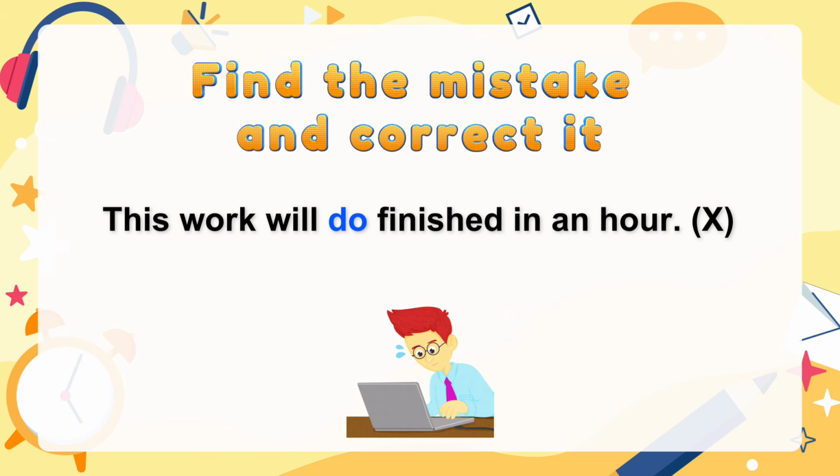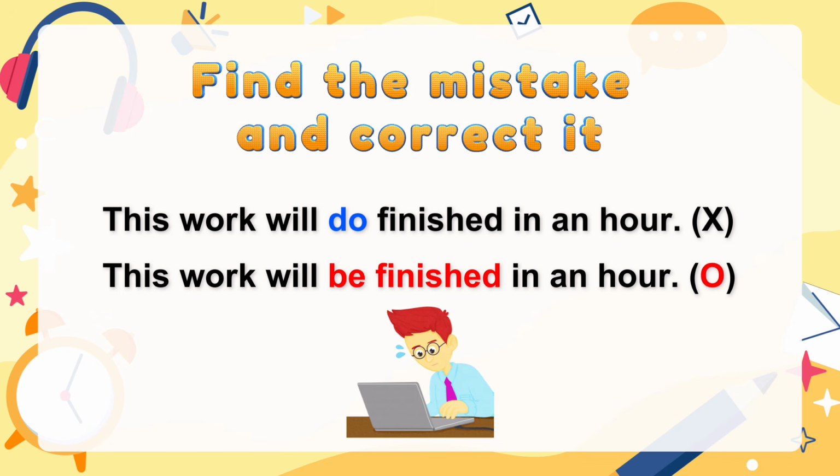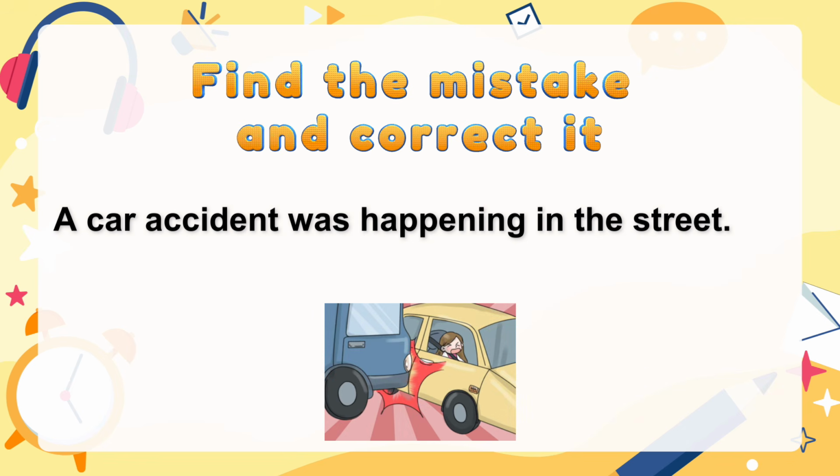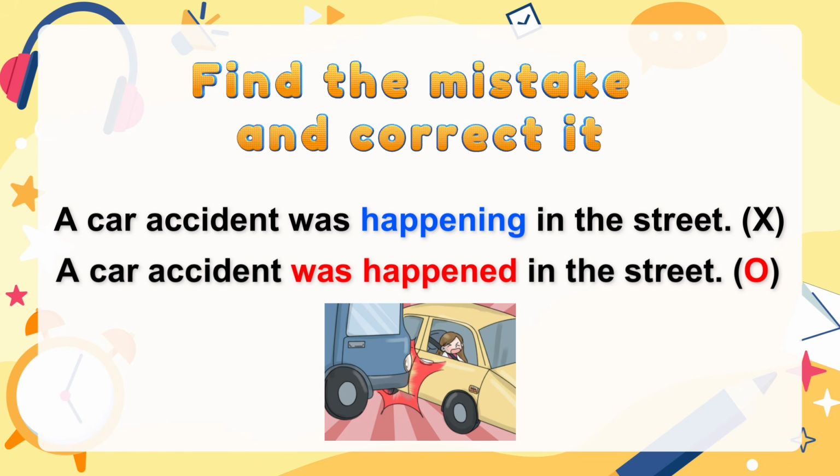Here, do is wrong. We need to use be. So the correct answer is, this work will be finished in an hour. A car accident was happening in the street. Here, we need to change was happening to past participle. Happened. A car accident happened in the street.